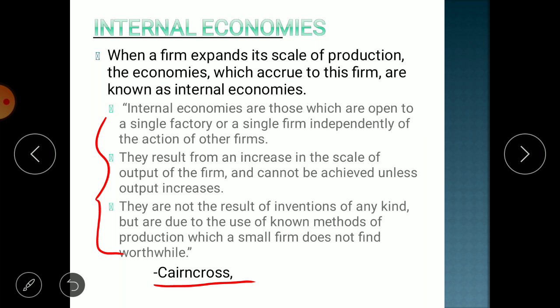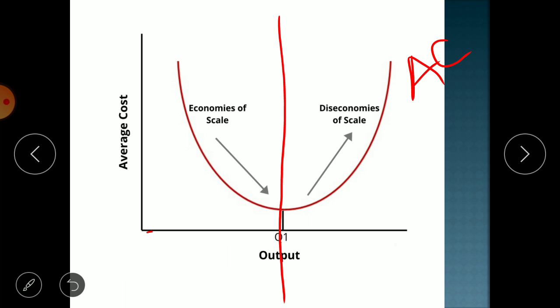They result from an increase in the scale of output of the firm and cannot be achieved unless output increases. If you want to have the benefit of internal economies, the prerequisite is that you must increase your output. As we have seen in the graph, if you increase production, then your cost is reducing.